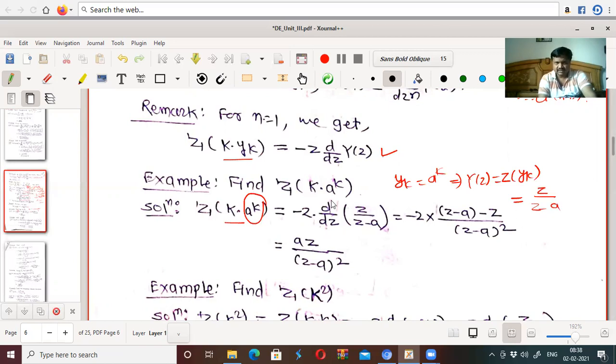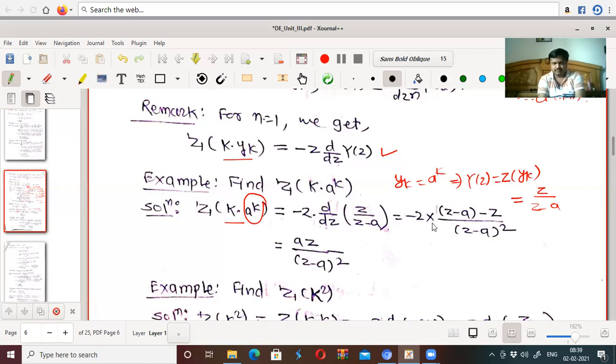So minus z into d by dz of z upon z minus a, which is equal to minus z into, now what is the derivative of this term? Denominator into derivative of numerator 1, minus numerator into derivative of denominator 1, divided by z minus a whole square.